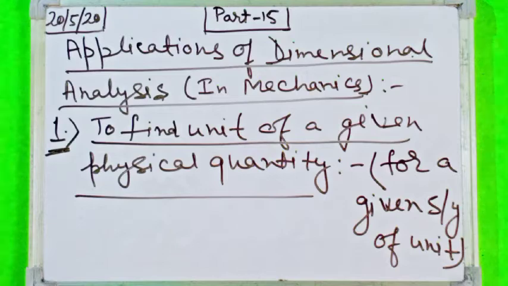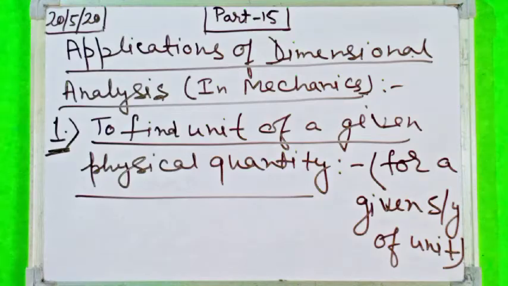The dimensional formula can be written by writing on which factors the physical quantity depends, in terms of its fundamental units, that is M, L, T. And on the basis of that, we can give its unit also, either in the CGS system or in the SI system.